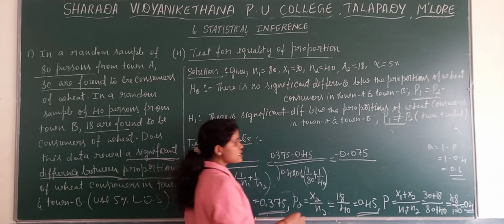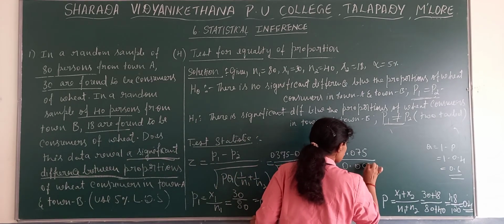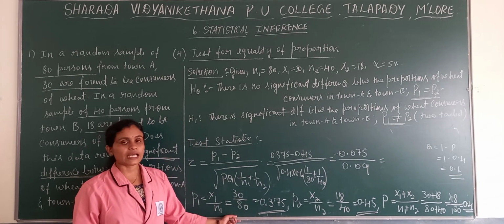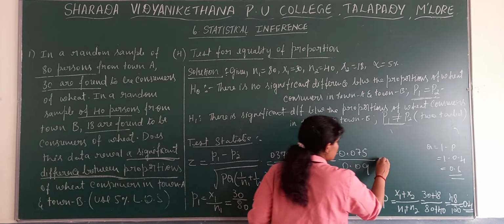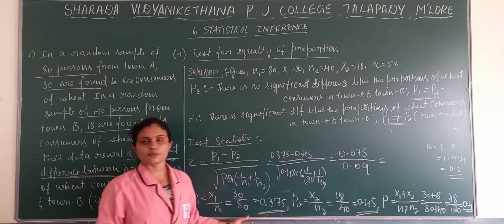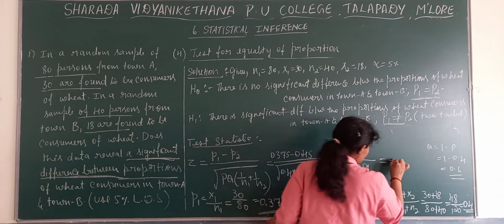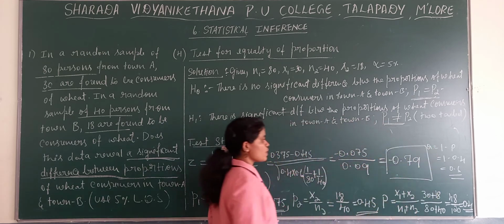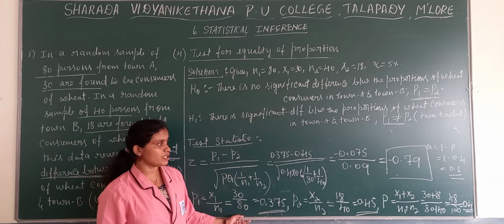Then you get 0.09. Then at the end when you divide it you get the value as minus 0.79.